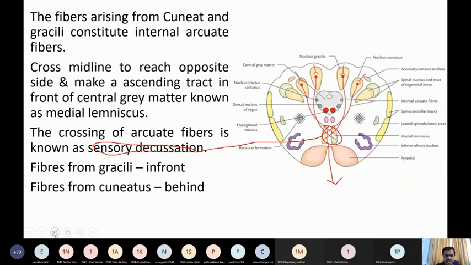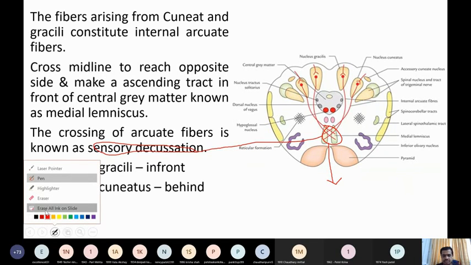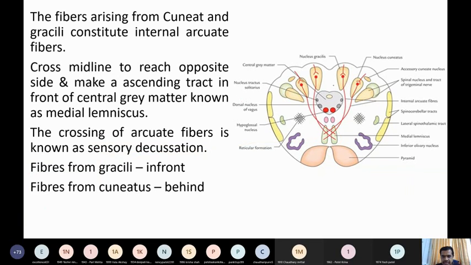The fibers from the fasciculus gracilis reach the anterior region of the medial lemniscus, whereas the fibers from the nucleus cuneatus reach the posterior part of the medial lemniscus.